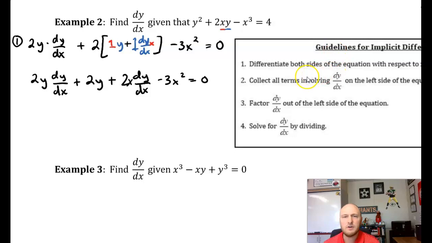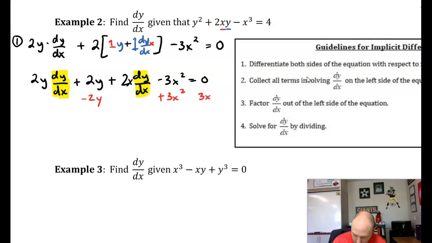Okay, so I want everything with a dy dx or a y prime to stay on the left side. So notice those terms have a dy dx. Everything else gets moved over to the other side. So I'm going to shift my 2y to the other side. I'm going to move the 3x squared over to the other side.